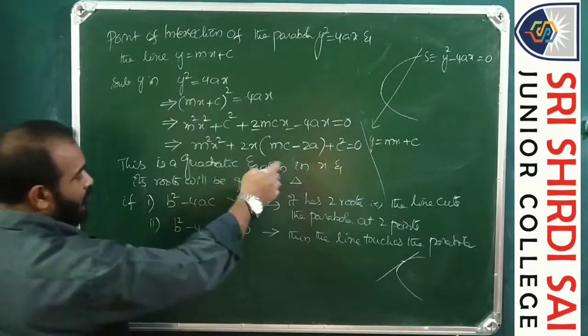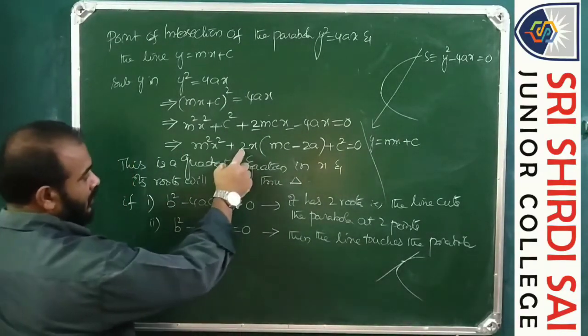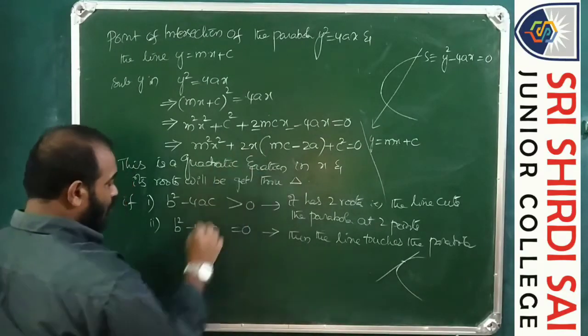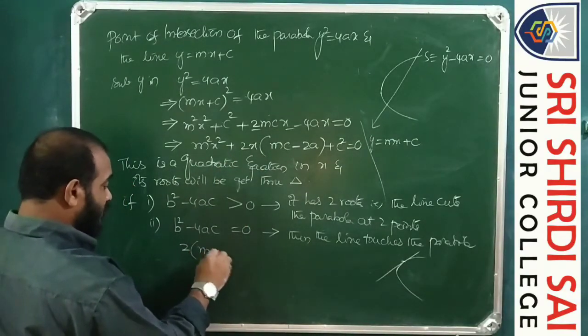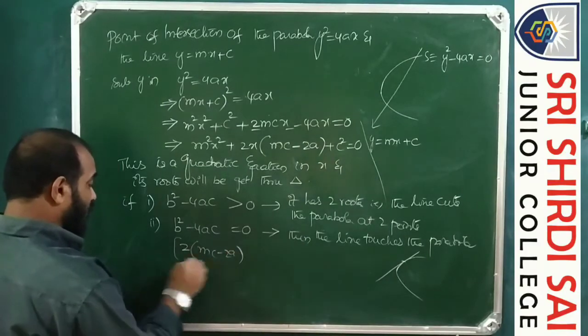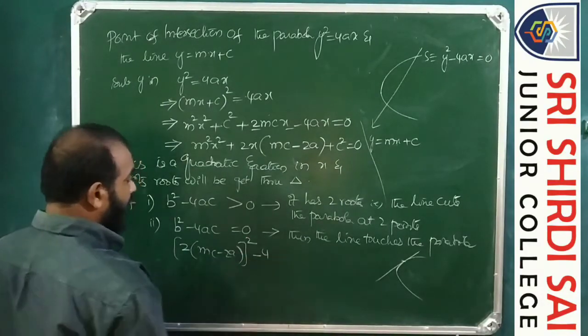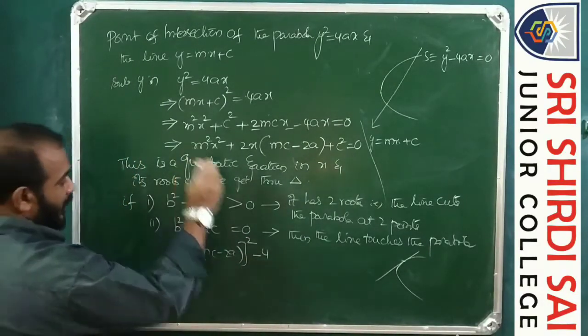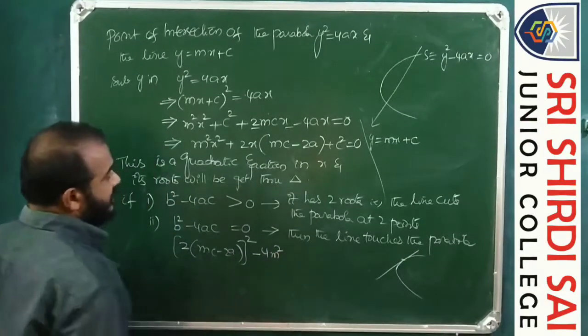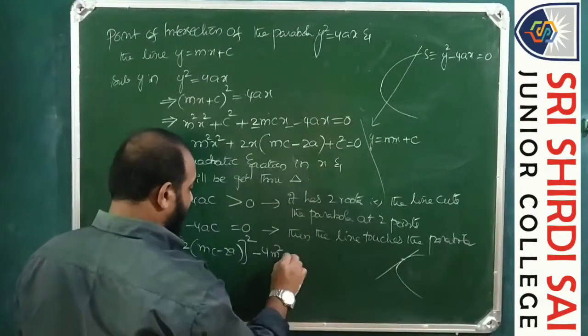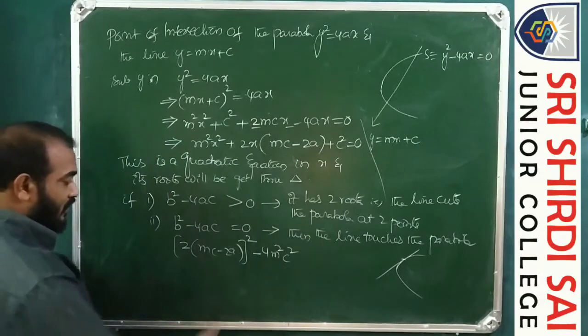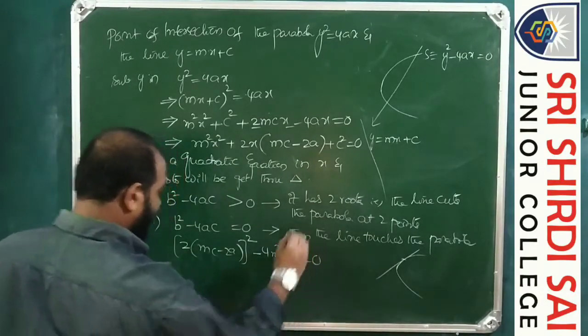So what is b square here? The x coefficient is b, so 2 into (mc minus 2a). This is b square minus 4ac, where a is m square and c is c square, so this equals 0.